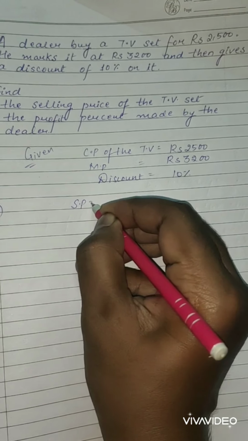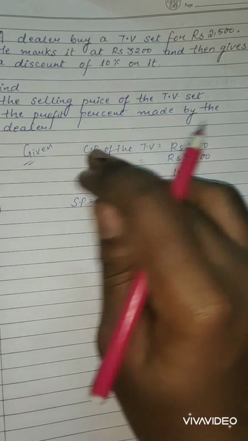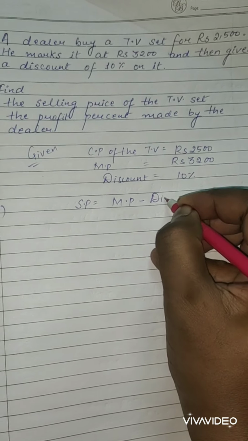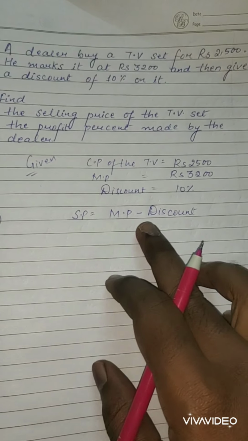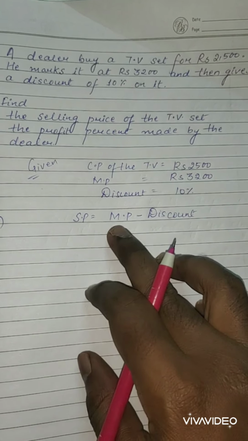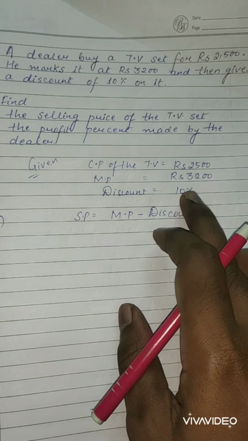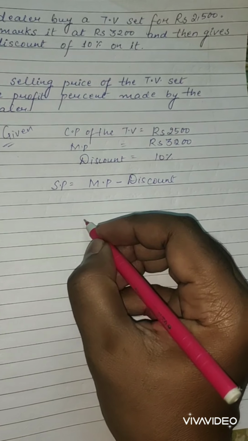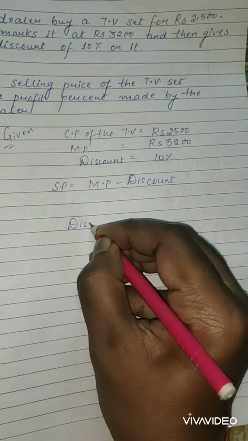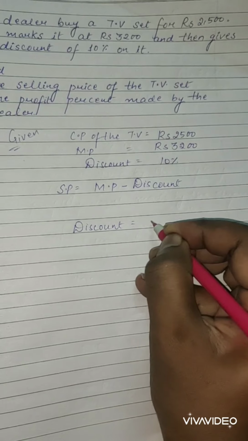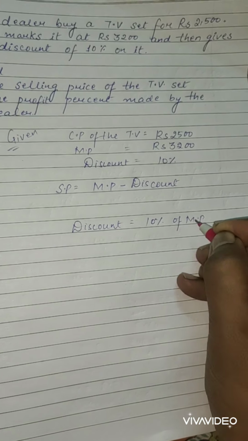So the formula is mark price minus the discount. Mark price is given to you, but discount is not given because it is given in percent over here. So first we will take out the discount. Discount is equal to 10% of mark price.